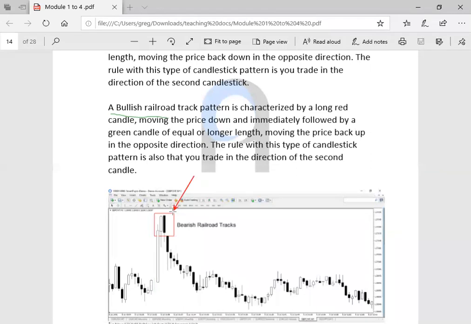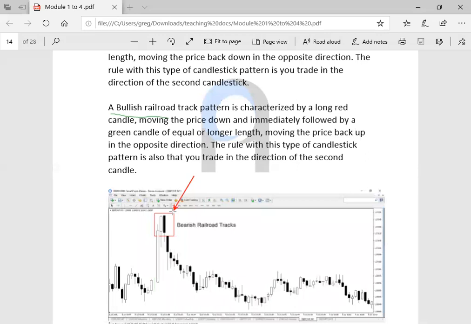Now, as I usually say, this is not the only thing you're going to be looking at. Confluence is important. You need a number of different things that point to that decision. A lot of times we try to see what we want to see, because markets are like that. A lot of people look at the markets through their own eyes, and it's perfectly normal.